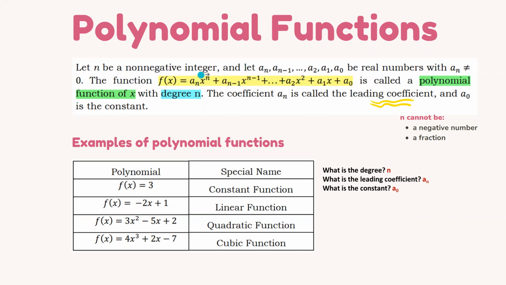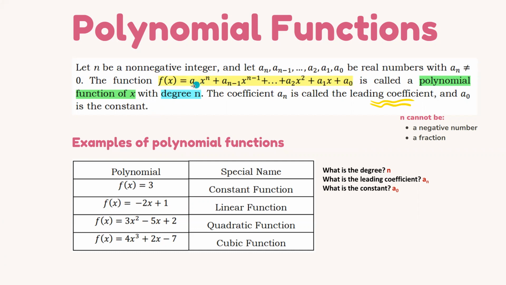A sub n is multiplied by the variable x raised to the power of n, and then the succeeding terms have exponents n minus 1 and so on until the end of the equation.